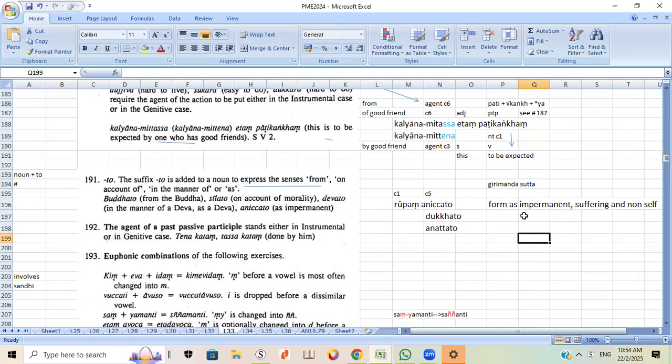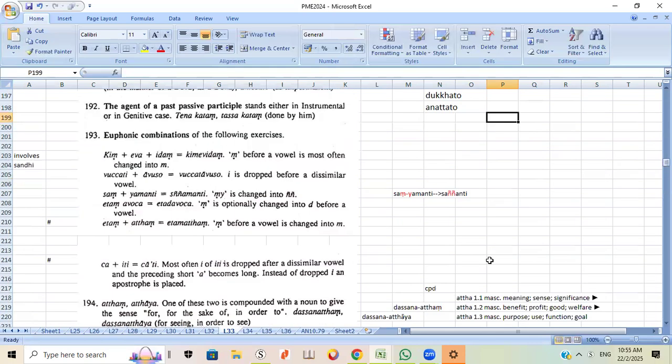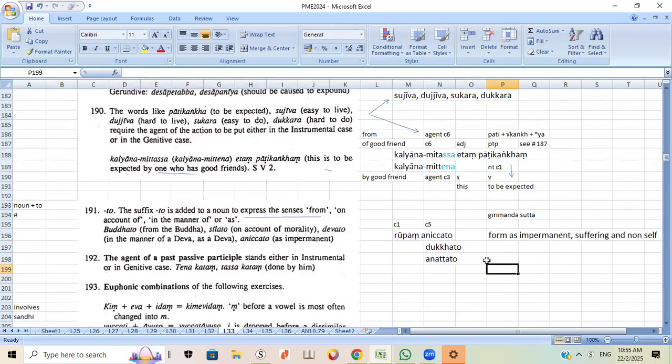Okay, so you will find that this is technically what you call reflection. Perception, is it? Reflection. I think Girimananda is ten perceptions.